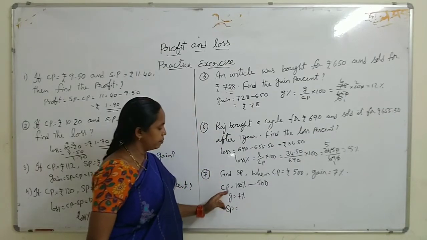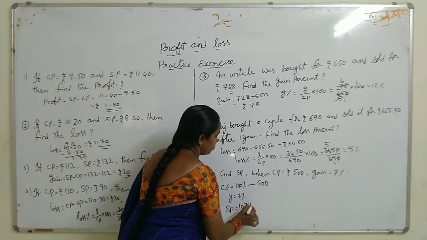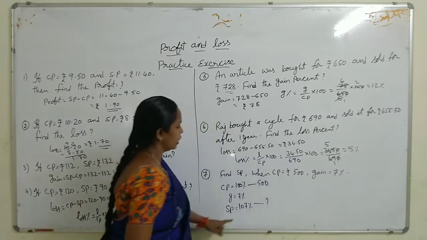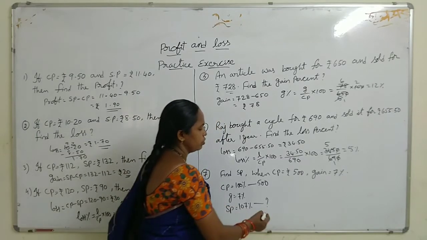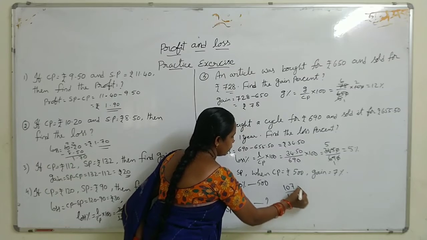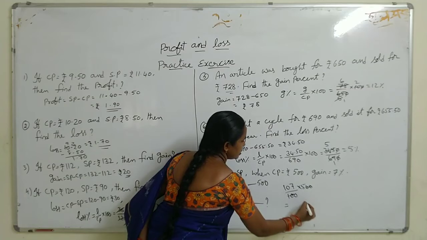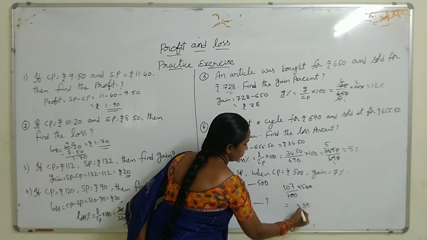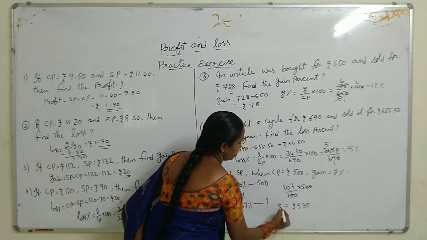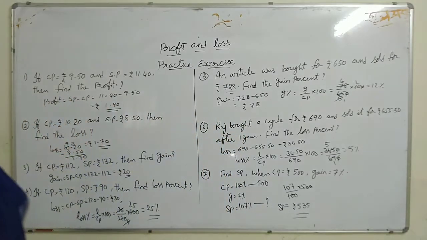CP plus gain, that is 100 plus 7, that is 107%. So what is the value of 107%? 107 by 100 into 500, 2 zeros cancel, 5 7s are 35, 5 1s are 5. So selling price equal to 535 rupees.